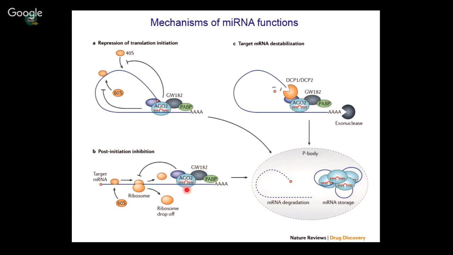Another mechanism is linking the decapping complexes. Once the microRNA interacts with the target mRNA, the decapping complex is brought in and triggers 5' to 3' decay. And those can be stored at the P-body for mRNA storage or mRNA degradation.